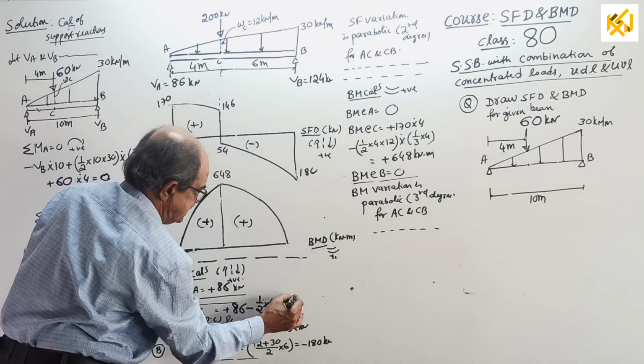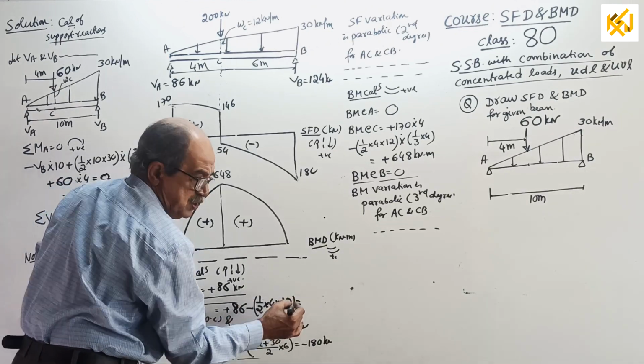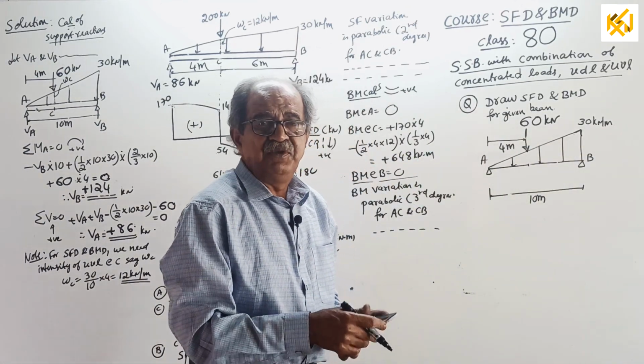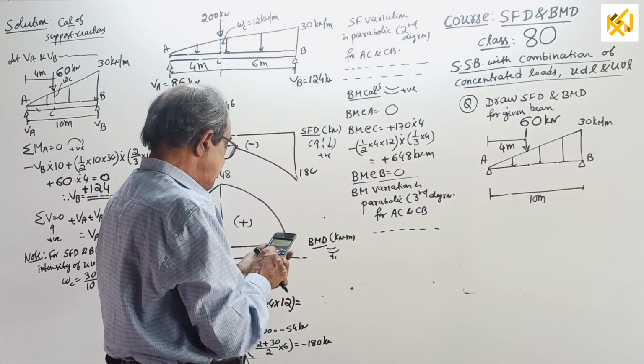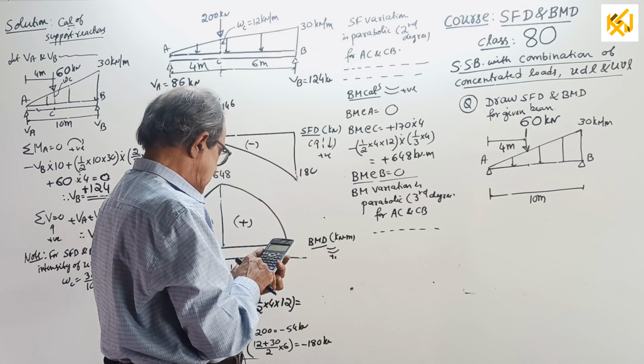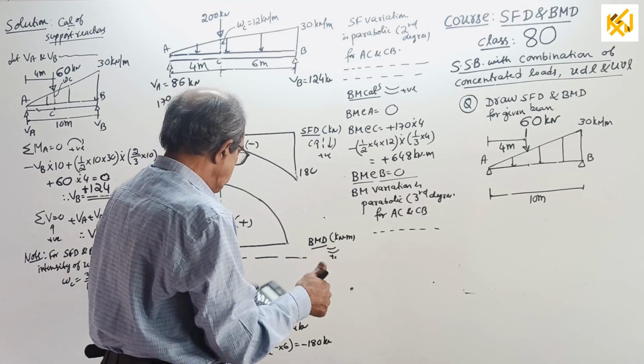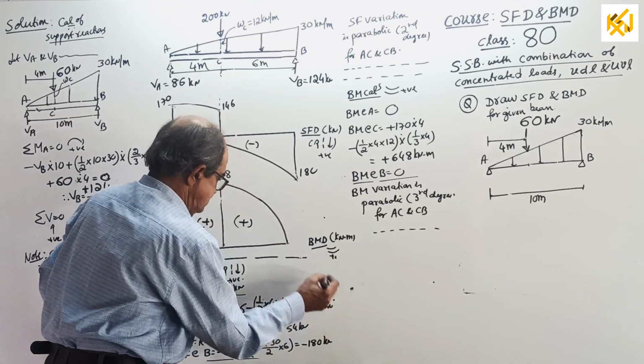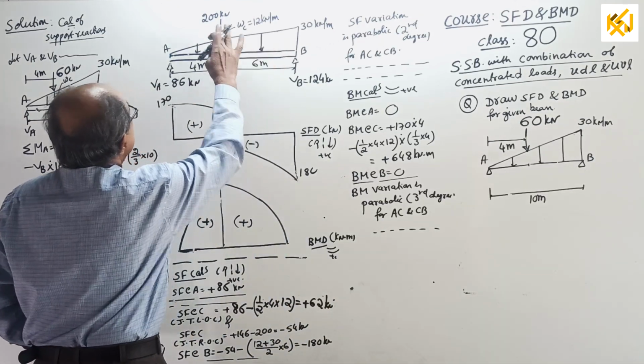Now the value will change. In between, I will tell you the difference between the 3 questions. 86 minus half into 4 into 12 will give you plus 62 kilonewton.